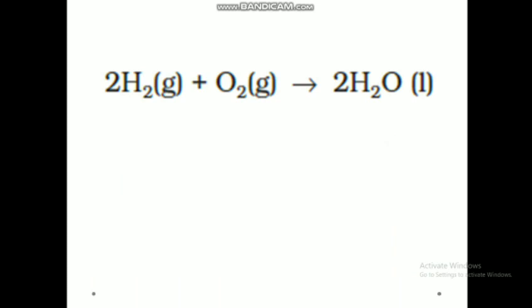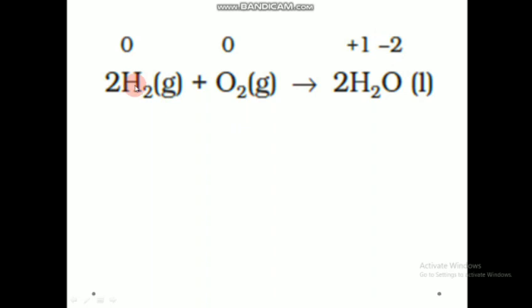So here is another example, H2 plus O2 giving H2O. Here both of them are in native form or elemental form, hence their oxidation states will be 0. And after the reaction, after combining, hydrogen will be transferred to plus 1 oxidation state and oxygen from 0 to minus 2 oxidation state.